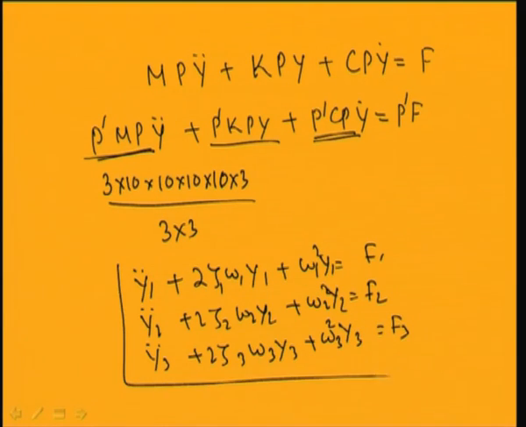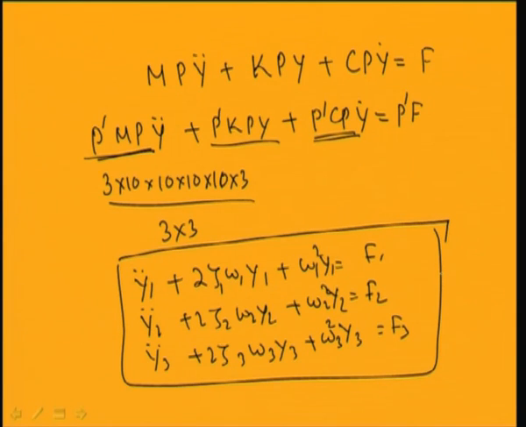So you can solve these three equations easily to find the response of the system. Instead of solving a 10×10 matrix, you can reduce it to a 3×3 matrix.